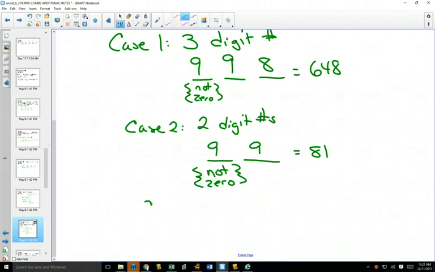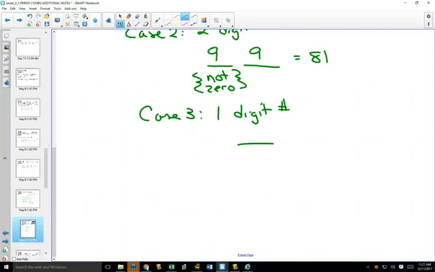And case 3, one-digit number. Are there any restrictions here? And then we can get into a debate. Is 0 a number? Yes. It's a number, and so we could say that there's 10 then.